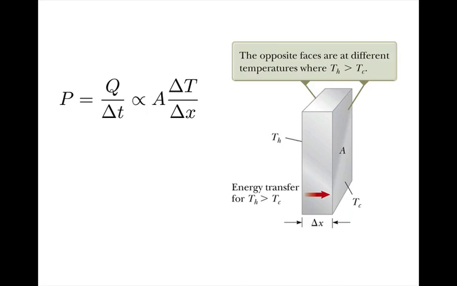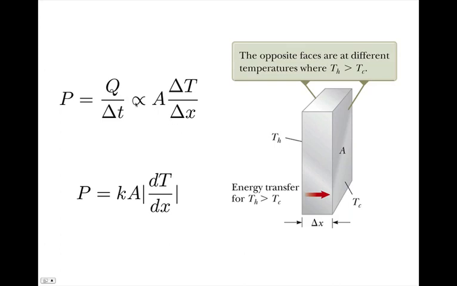If there's a very big temperature gradient between the two sides of the surface, then we would expect the heat to flow more quickly as well. So it's proportional to the temperature difference between the hot side and the cold side. If we have a very thick piece of material, we would expect heat to flow more slowly. So the amount of heat transfer is inversely proportional to the width of the substance.